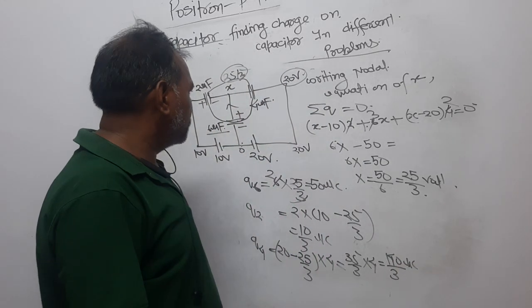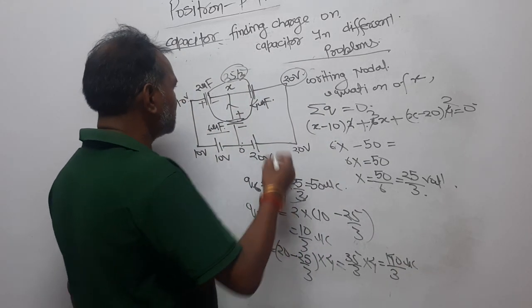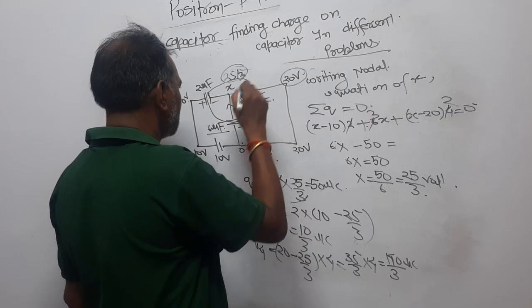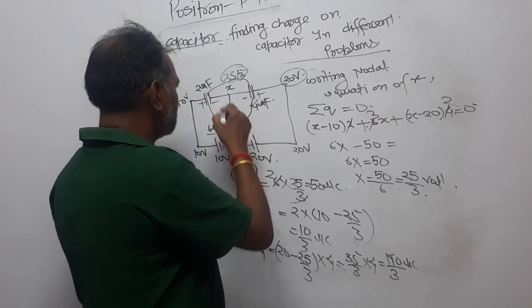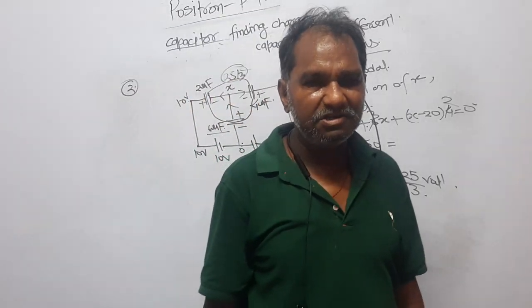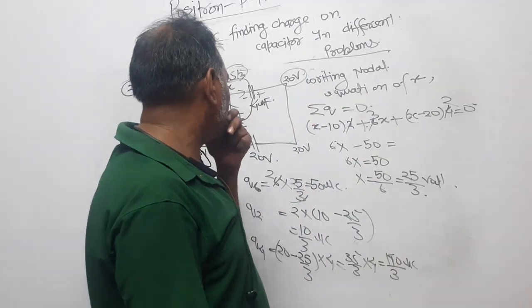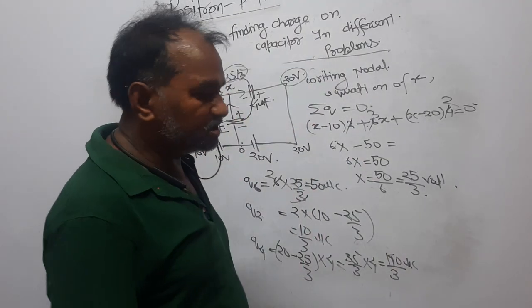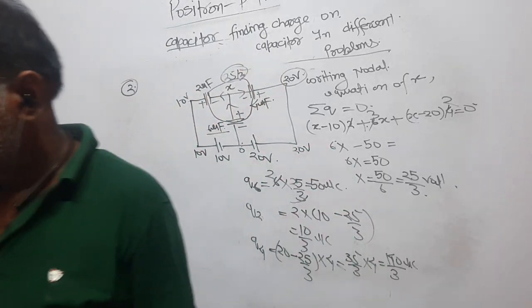Right? Again, this is at higher potential, this is negative. So the charge will be distributed like this, you can say, this charge is divided in these two.